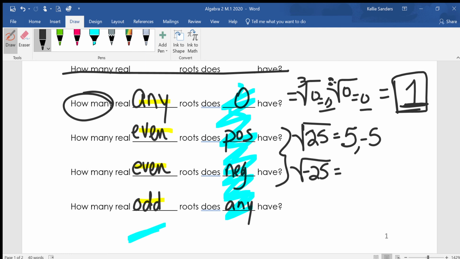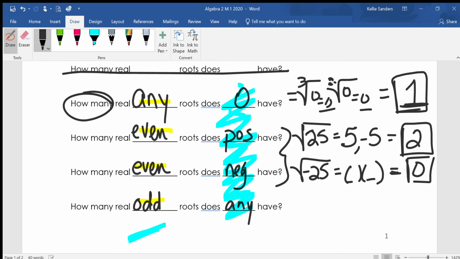And so because of that, we would get two real answers, or two possible answers. On this one, we can't have two numbers that are the same number multiplied together to get a negative answer. So there are 0 answers on this, because this is whenever those i's come into effect.